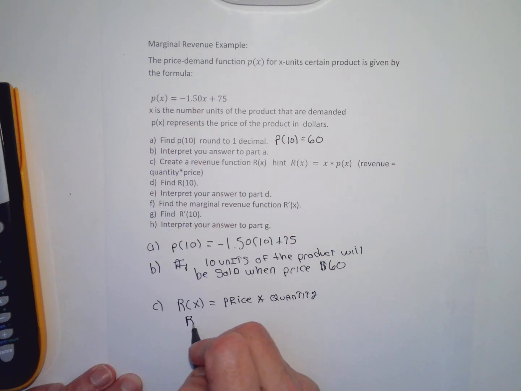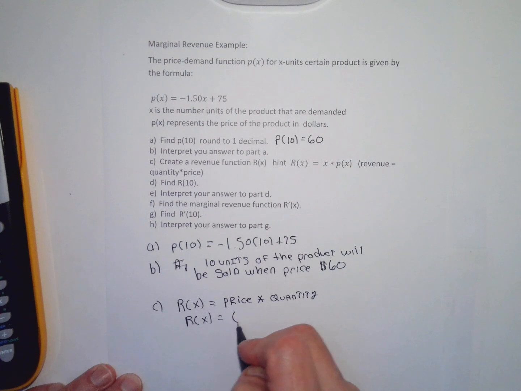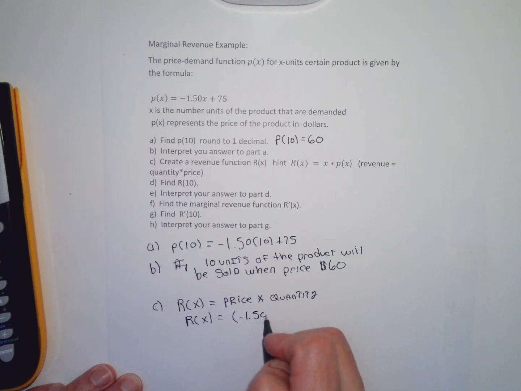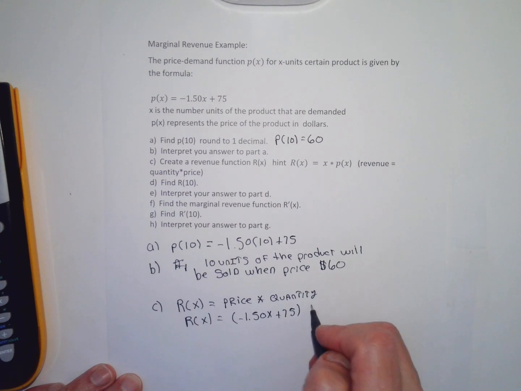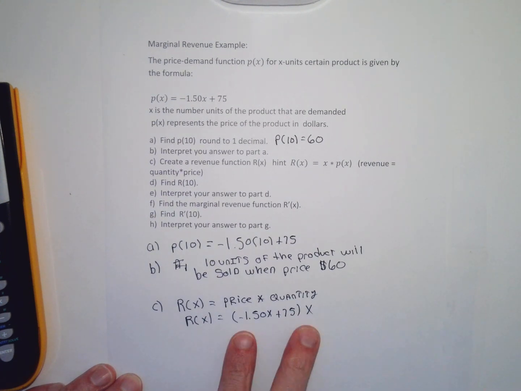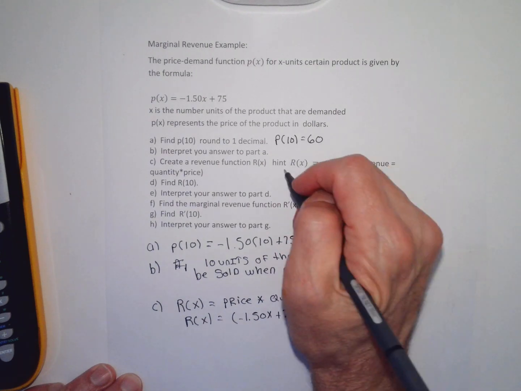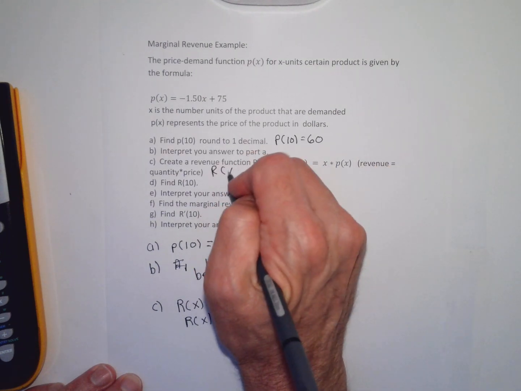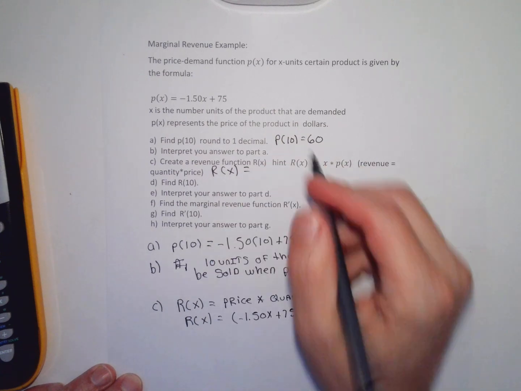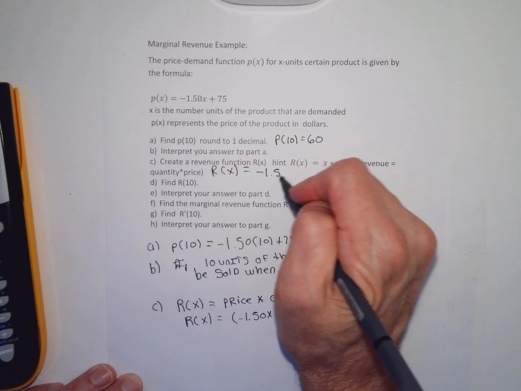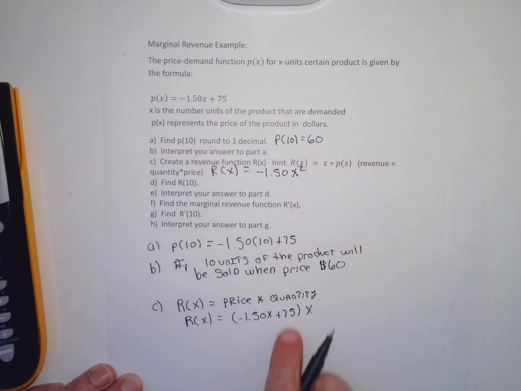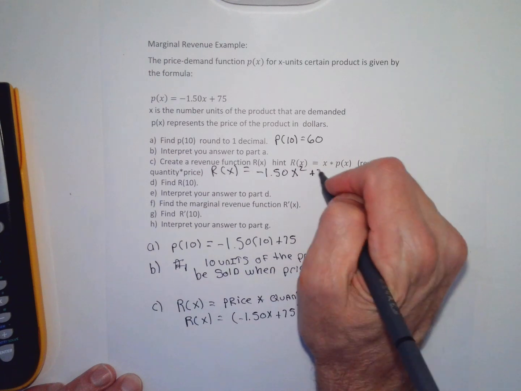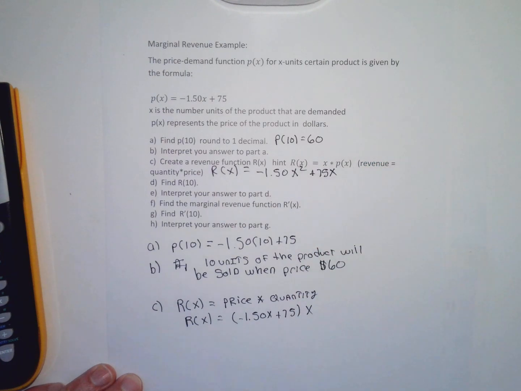So my revenue function is going to be the price demand function, this is the price of the object for X units, times the quantity, which is going to be X. When I clear the parentheses, I'm going to get the revenue function, R of X, equals negative 1.50, and then X times X is X squared, so X squared, and then plus 75X. That's the total revenue for selling however many units of the product.